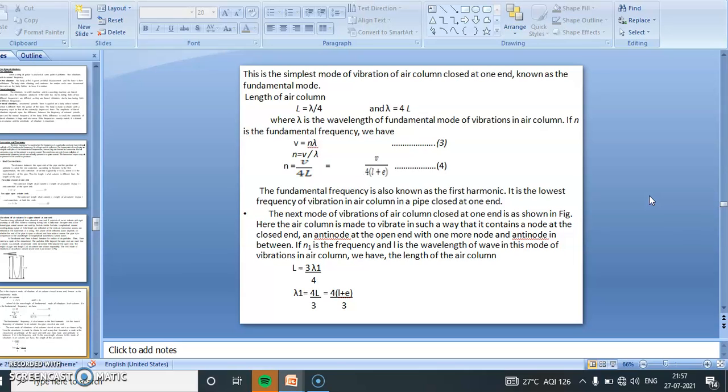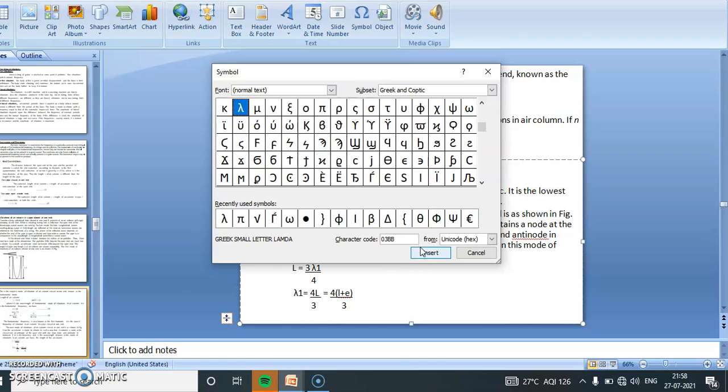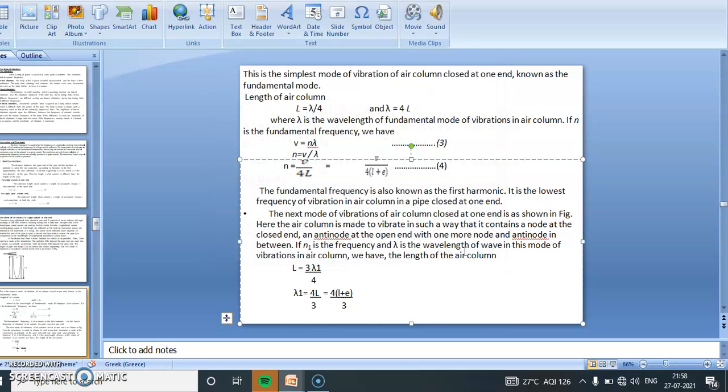If N1 is the frequency and lambda 1 is the wavelength of waves in this mode of vibration in air column, we have the length of air column capital L is equal to 3 lambda 1 upon 4.